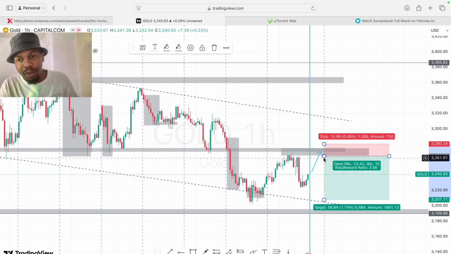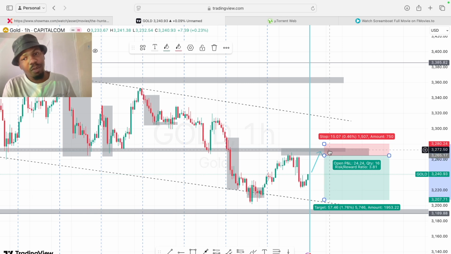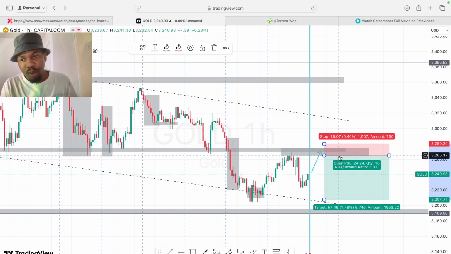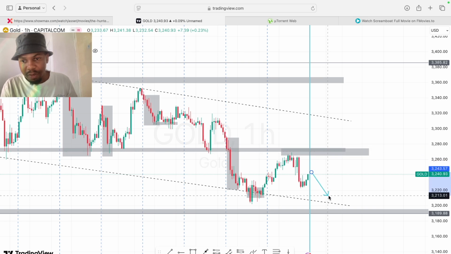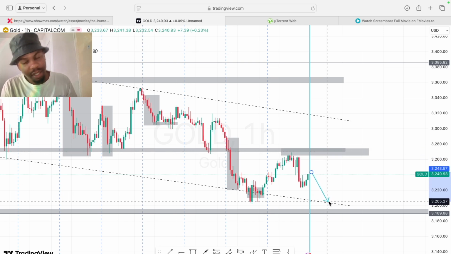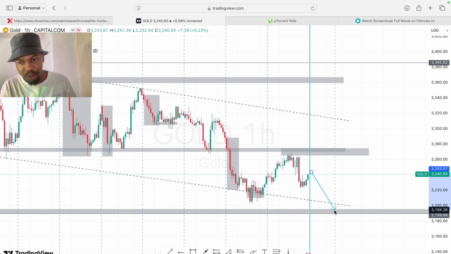So basically, I'm going to sell if I see the price come to this zone here and then we fail to close above. Then I'm going to sell. And I'm going to buy if the price makes its way down to this support trend line or this support zone here.